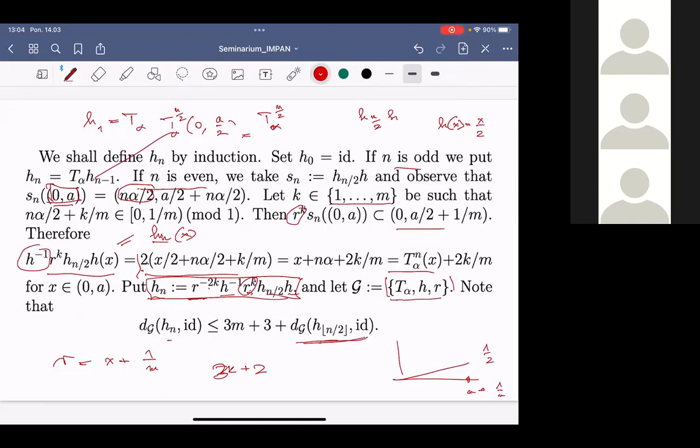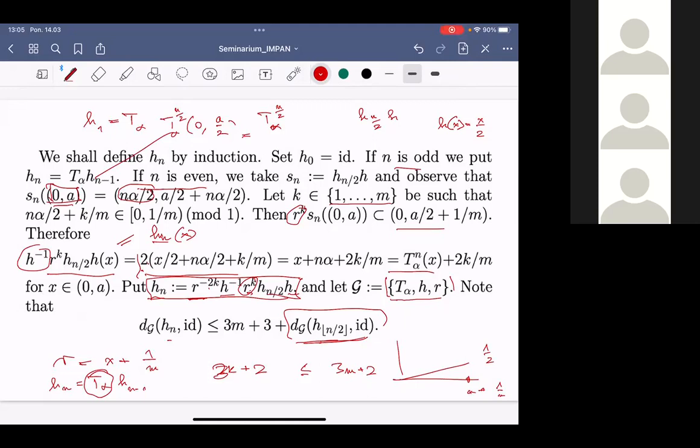But k is less than or equal to m. So this is less than 3m plus 2 plus this term. I put here 3 because in the case when n is not even, if it is odd, we know that hn is equal to t alpha hn minus 1, and we have to add one term, one homomorphism in this composition.